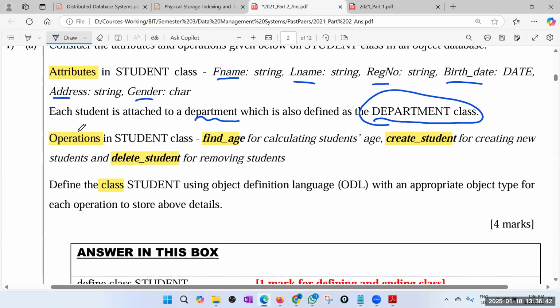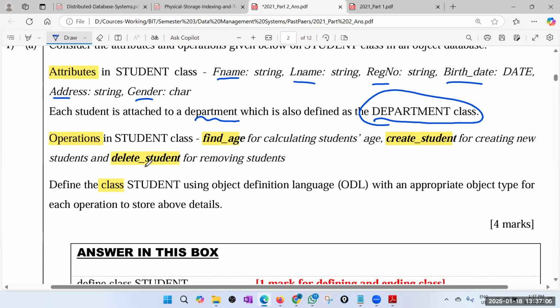Operations. So it's a class. Class can have operations: find age, create student, delete student. And they have explained the meaning of that. Find age, calculate the student's age, possibly using student's date of birth and current date. Create student, that is sort of a constructor.